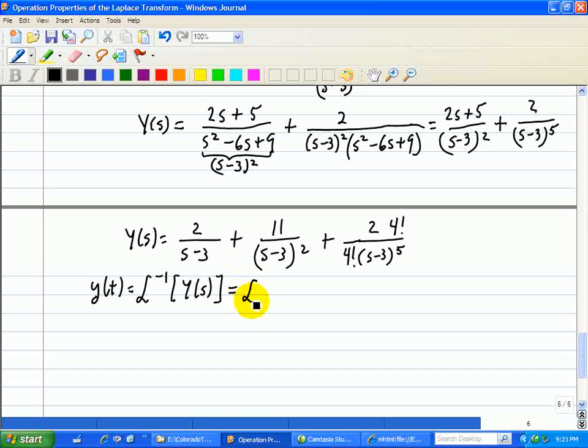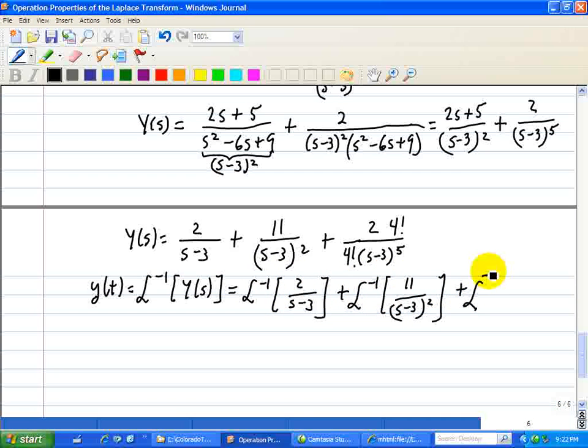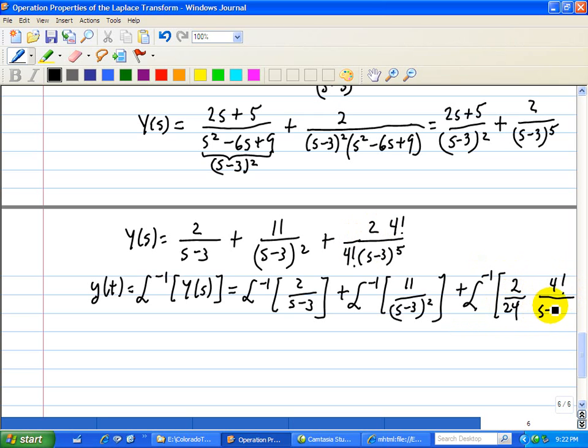So that would be the inverse Laplace of 2 over s minus 3, plus the inverse Laplace of 11 over s minus 3 squared, plus the inverse Laplace of 2 divided by 4 factorial, which is equal to 24, and then we'll just leave this 4 factorial over s minus 3 raised to the 5th power.